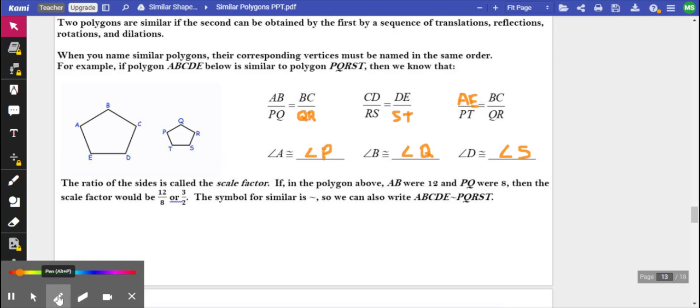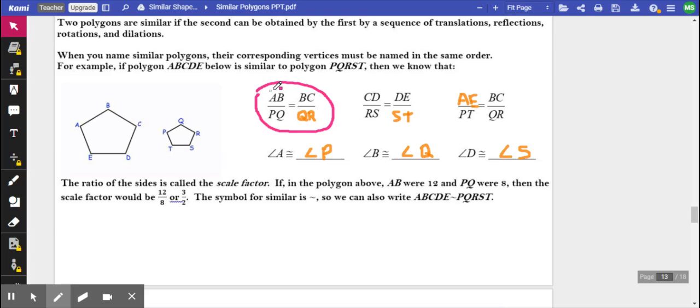Some things about proportions that I wanted to add here, though, is if we're specifically talking about this one, for instance, you can see how when you make a proportion, the AB and BC are related to each other on the same shape, and then PQ and QR are the same thing. Another way you could write that same proportion would be with AB on the top of that fraction and BC on the bottom.